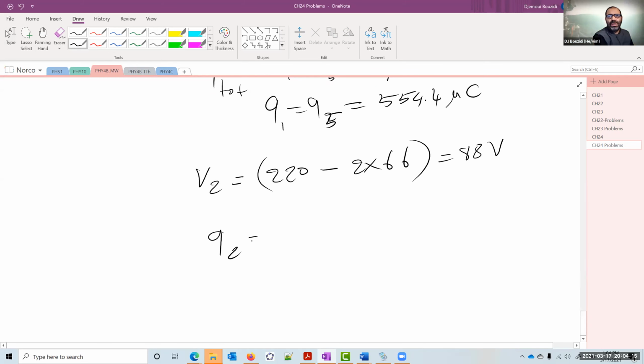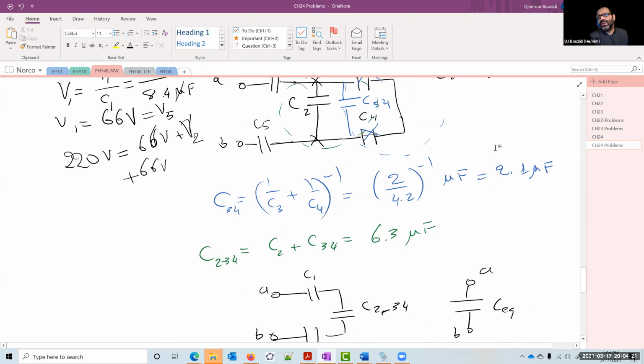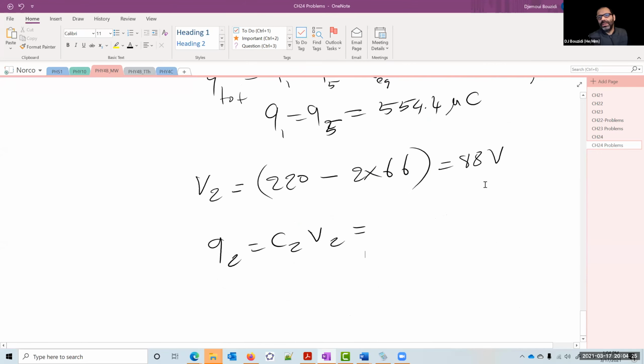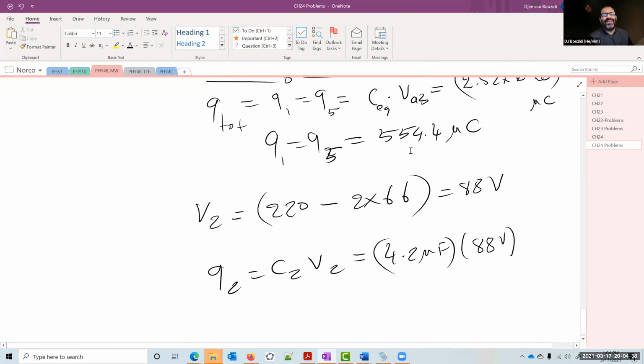So Q2 now is equal to C2 times V2. C2 is 4.2 microfarads, and V2 I just found. So it's 4.2 microfarads times the voltage, which is 88 volts, and the answer better be less than 554 microcoulombs, because that's the overall charge.